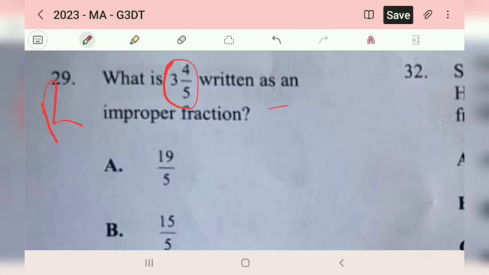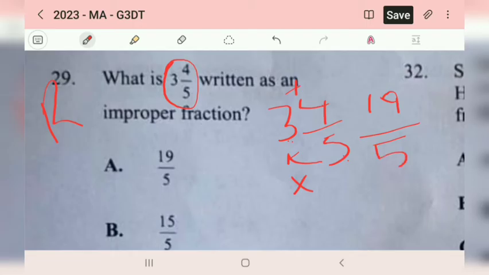So let's work it out. 3 and 4/5. For this one, you're multiplying 5 and 3, and then whatever you get, you add 4 to it. So 5 threes or 3 fives are 15, plus 4 is 19. Guys, I'm not doing any great walkthrough working out, just really going through the items for you, not teaching. So 19 over the denominator, which is 5. Let's look for 19 over 5. It's at A.